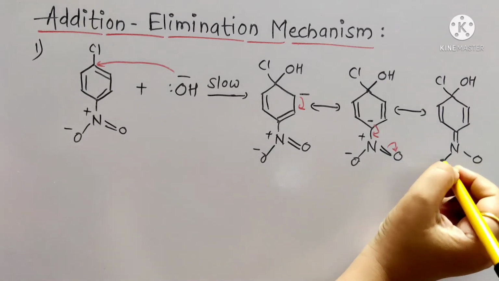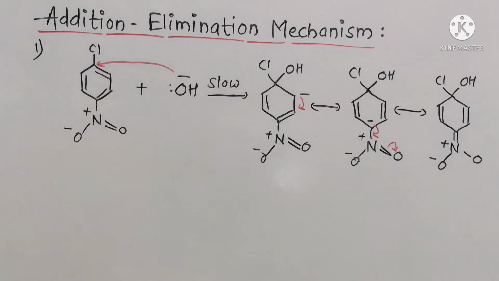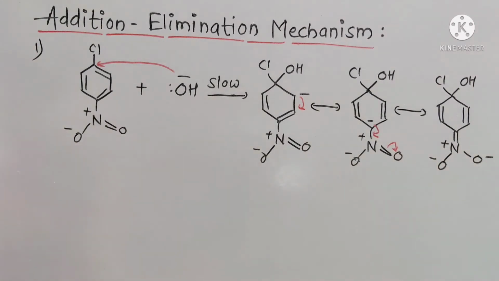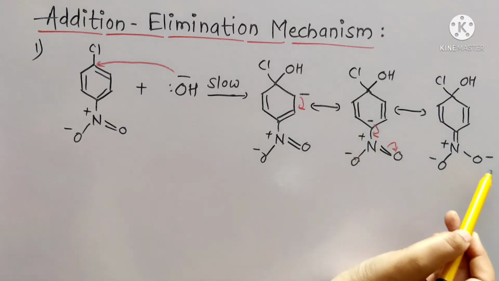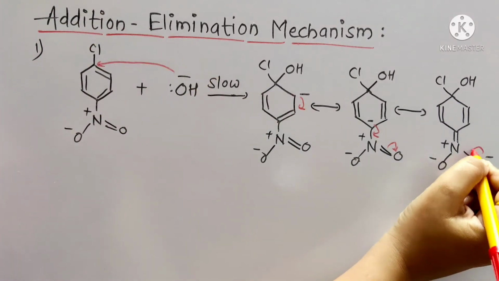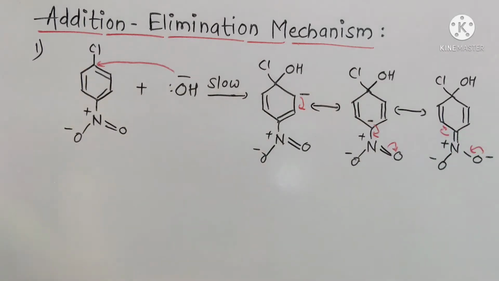Oxygen negative, nitrogen positive. This will also carry the negative charge because the electron density has shifted towards the oxygen. Once again it is shifted to this and then to this position.